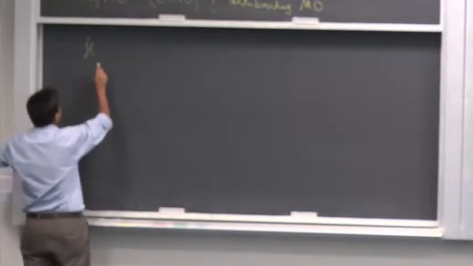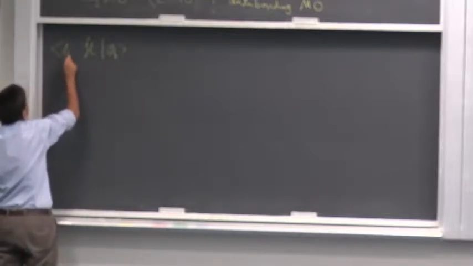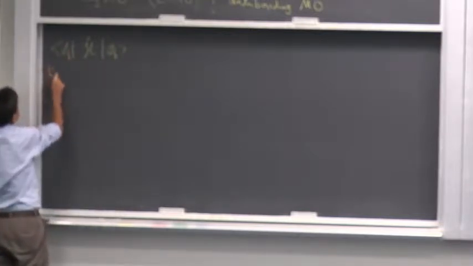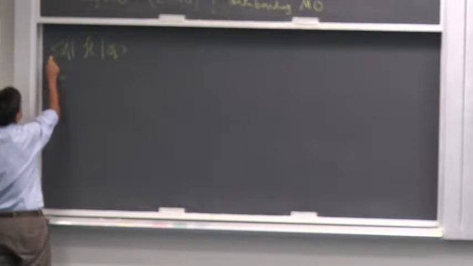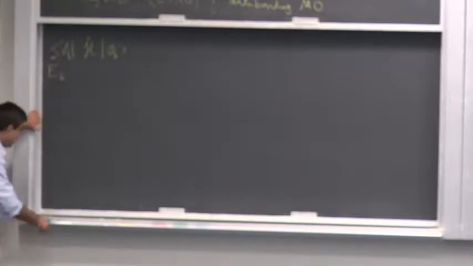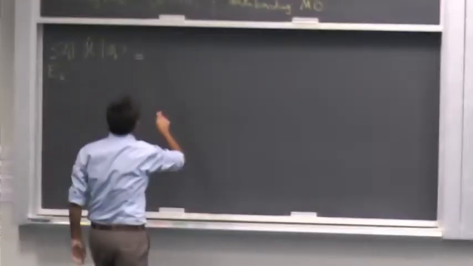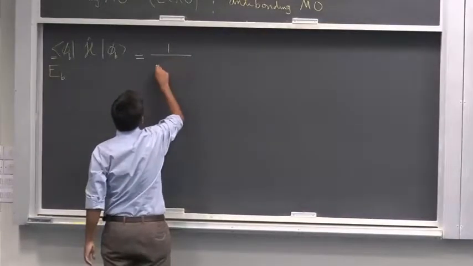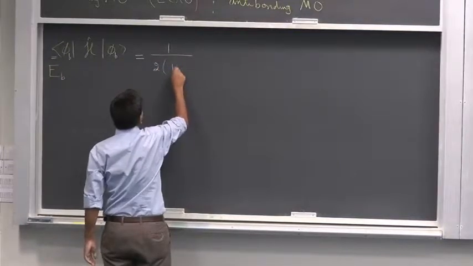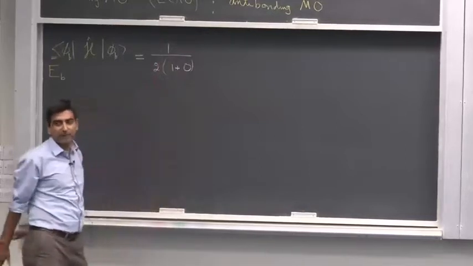So first of all, we would like to find out this energy, the energy of the molecule in the bonding state. And why do we call it bonding? We'll find out once we have computed the energies. If you compute this, the bonding state is given by this, so I'm left with 1 over 2 times 1 plus O, where I'm calling the overlap integral, the inner product of ket 1 with ket 2, O.